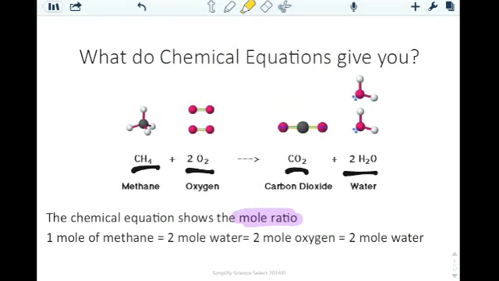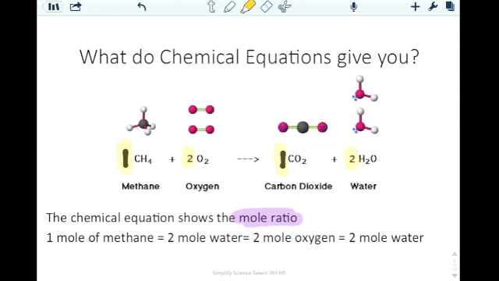We have a 2 right there and a 2 right there. If it doesn't have a coefficient, it's understood to be 1. So carbon dioxide has a coefficient of 1, methane has a coefficient of 1. So there are our coefficients: the 1, the 2, the 1, the 2.